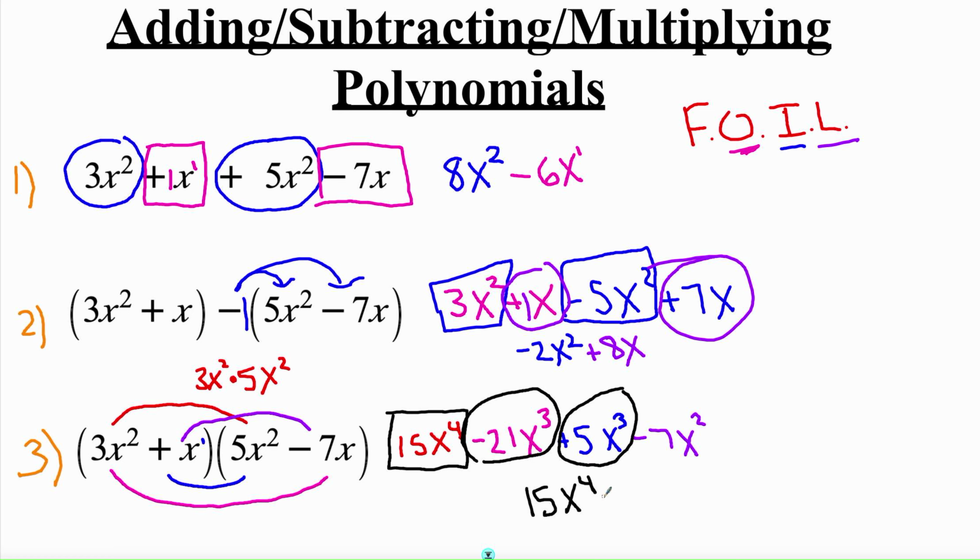So that gives me minus 16x cubed. Just combining the coefficients. And then last, that negative 7x squared has nothing to combine with. And that is your answer. So you have a trinomial, 3 terms here.